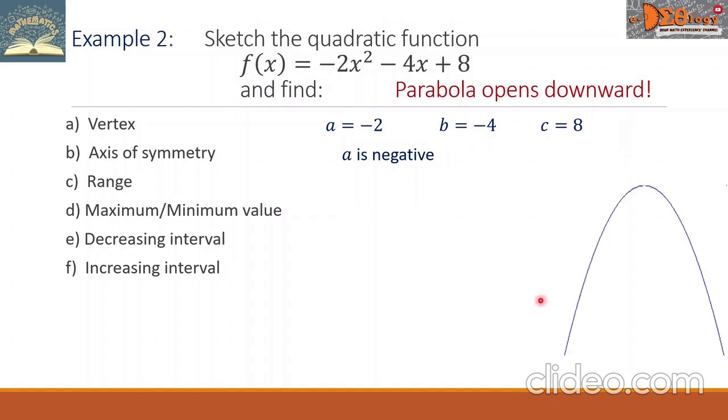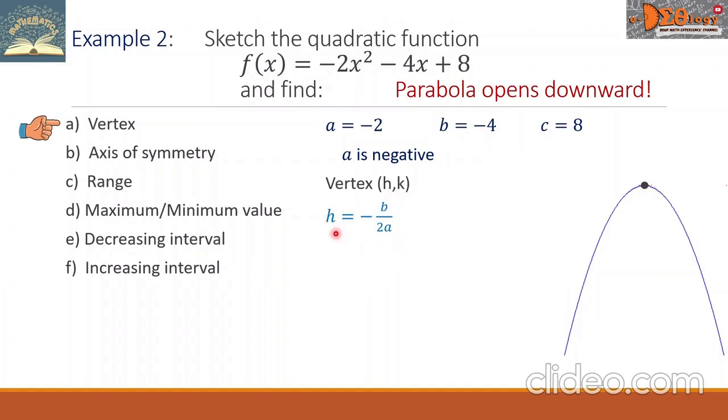Here is a picture of a parabola that opens downward. Let's now begin finding the vertex. Vertex is the point h, k. This is the highest point of the parabola that opens downward. Here is the point. Let us compute for the values h and k respectively.